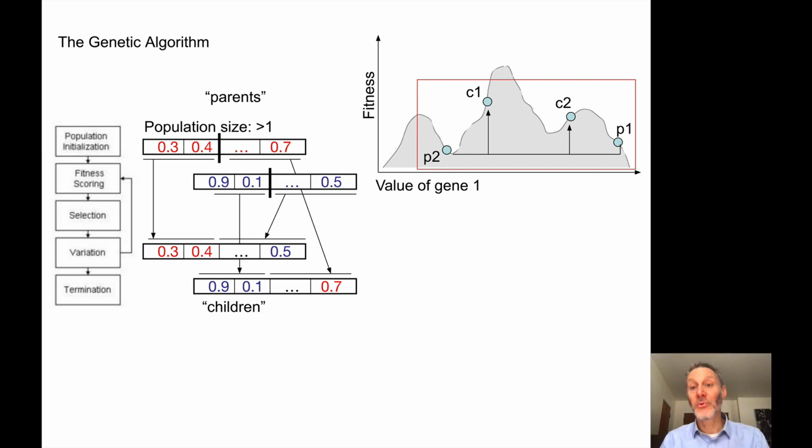Evolutionary algorithms are relatively simple algorithms in the space of all machine learning algorithms, but they all share a limitation at the moment, which is we cannot guarantee that even if we run the genetic algorithm or any other evolutionary algorithm for a very, very long time, that it will find the global optimum. Often what an evolutionary algorithm will do is to find a very, very good solution. We don't know whether it's the optimal solution.